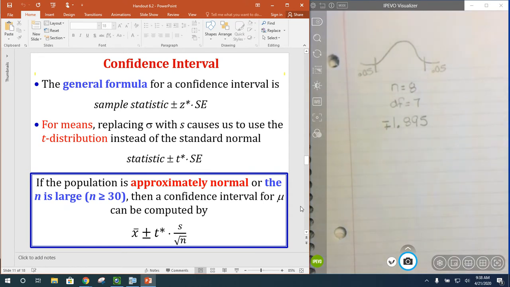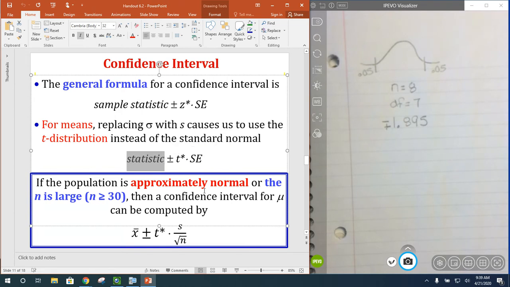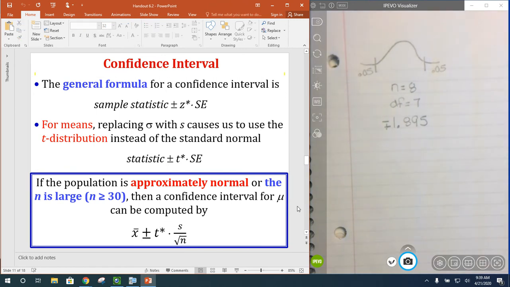We know that the statistic here is really the x bar, because that's the statistic that comes along with a mean. It says if the population is approximately normal or the n value is greater than 30, then a confidence interval for mu can be computed using this formula.